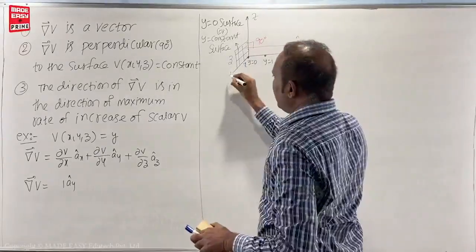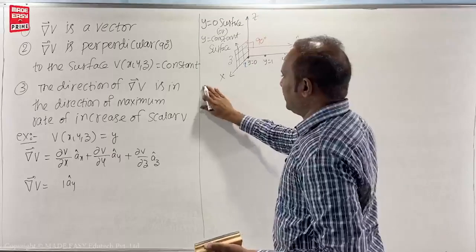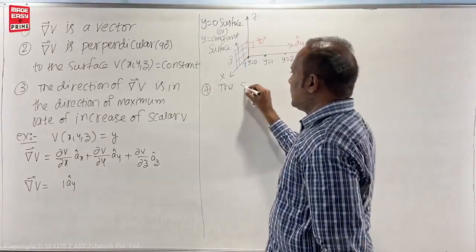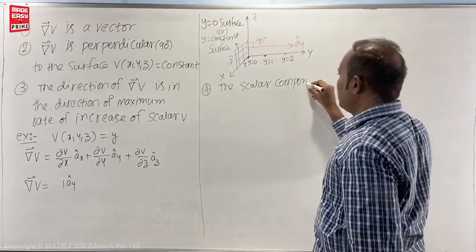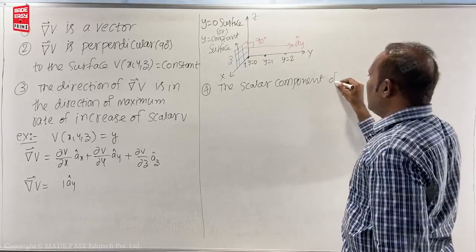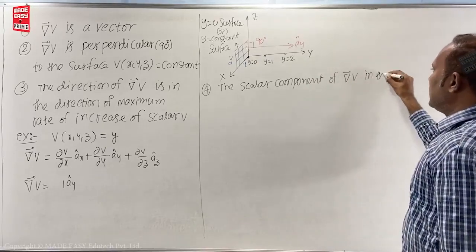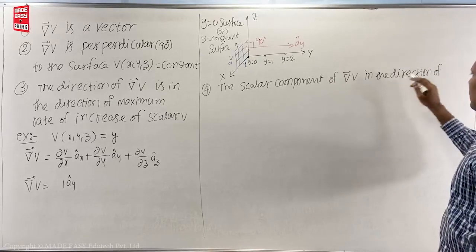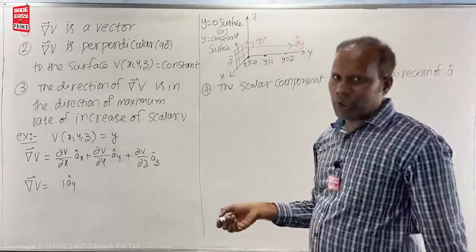Now the next point I am writing here. Fourth point: the scalar component of grad v in the direction of a cap, where a cap is some unit vector.